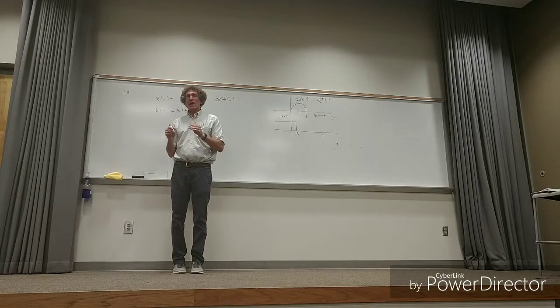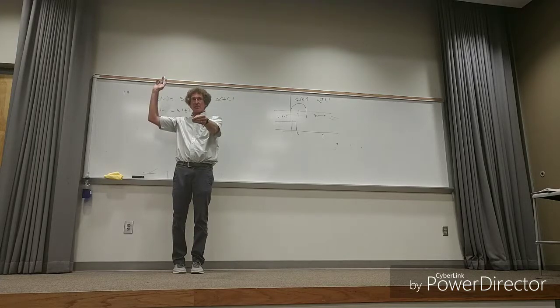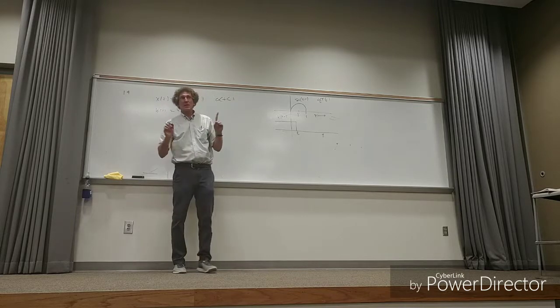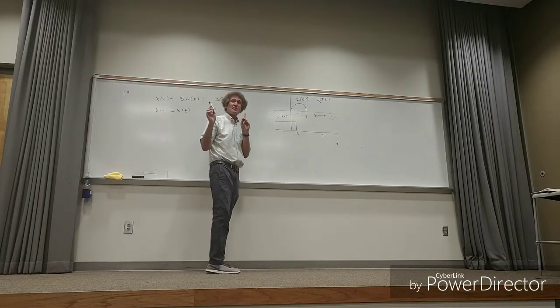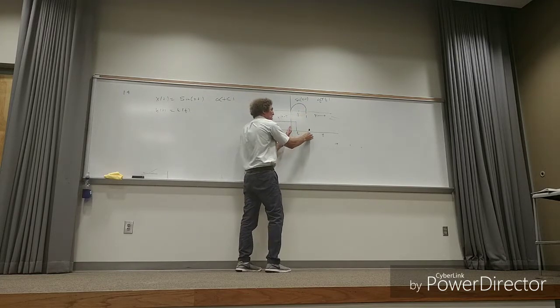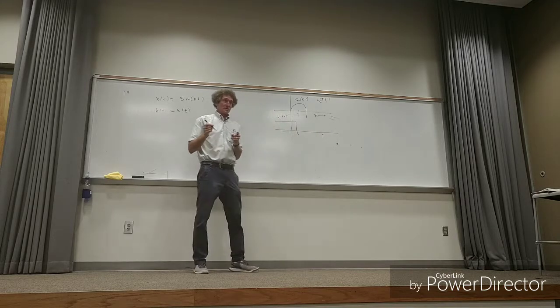This is only going to have overlap for t greater than 0. Do you all see that? How many see that right there? So we know what the value range is for t greater than 0, but the integration will have two different regimes. From 0 to t equals 1, it will just be integrating this area, but for t greater than 1, it will become a constant. Do you all see this?